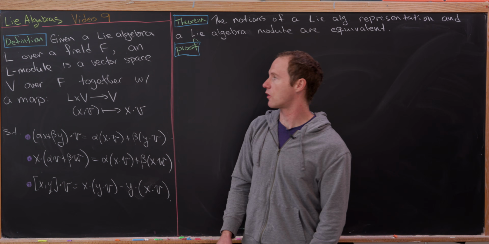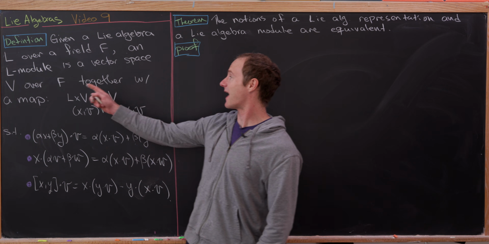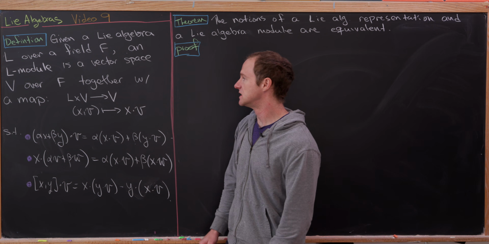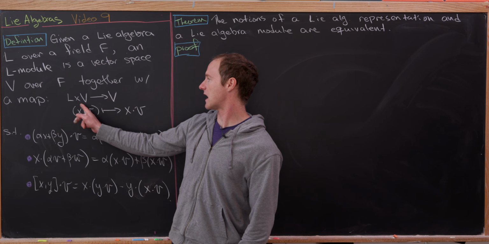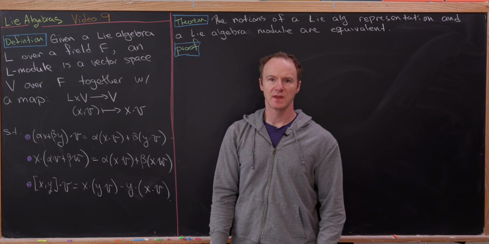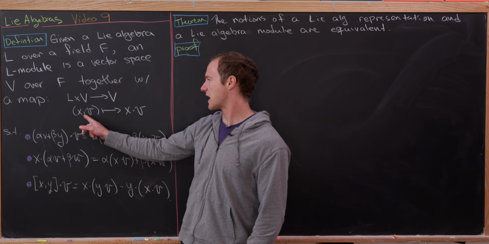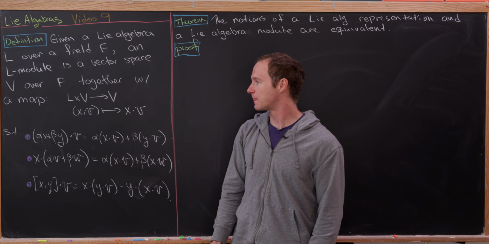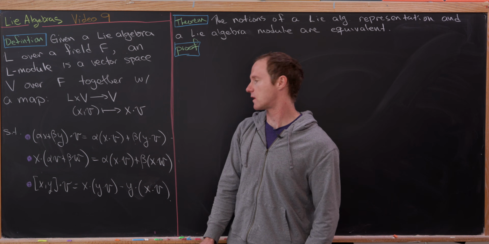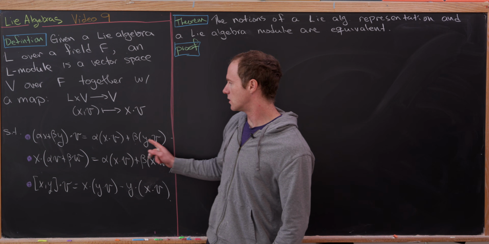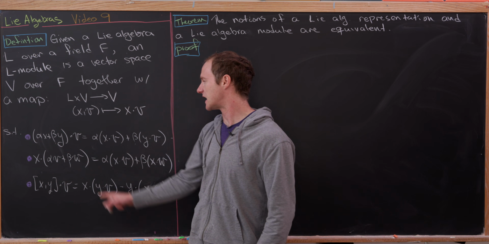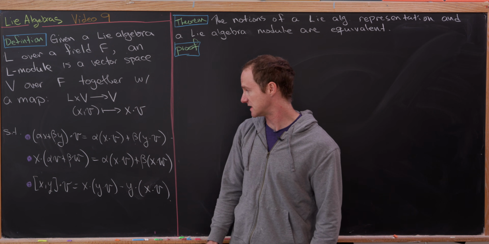So given a Lie algebra L over a field F, an L module is a vector space V over the same field together with a map from L cross V to V. And here we'll take the ordered pair (x, v) and send it to x dot v. And this map satisfies the following rules. So we've got this kind of distributive rule of elements of the Lie algebra over the vector space.